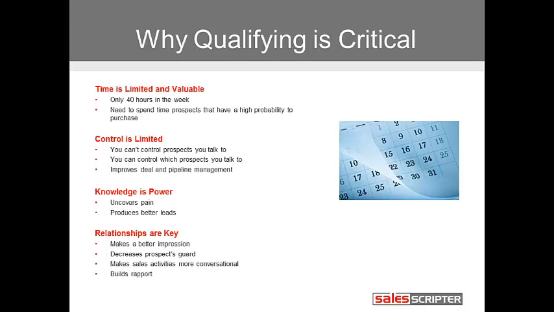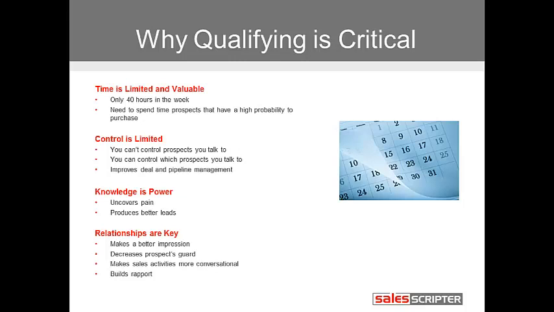So you can't control the prospects that you talk to. And here's kind of a play on words here, if you can follow me. Let me take a step back. You can't control the prospects that you talk to, meaning you can't make them say yes. But what you can control are which prospects you talk to, meaning you can say, I'm going to walk away from this prospect.